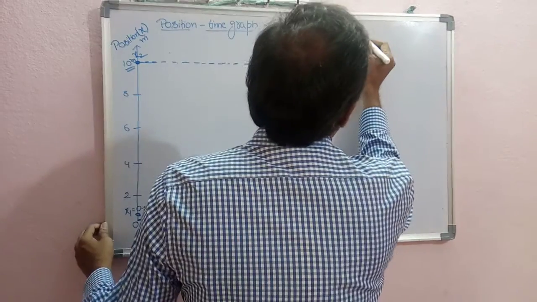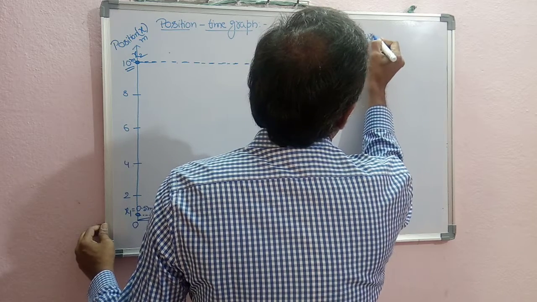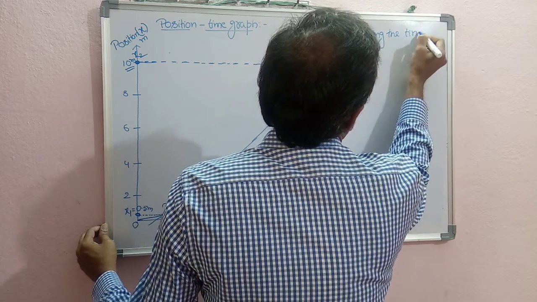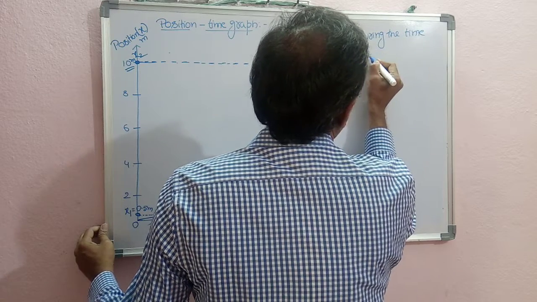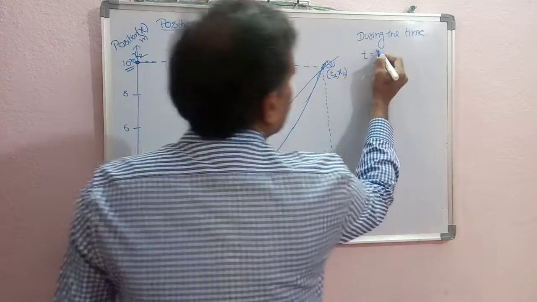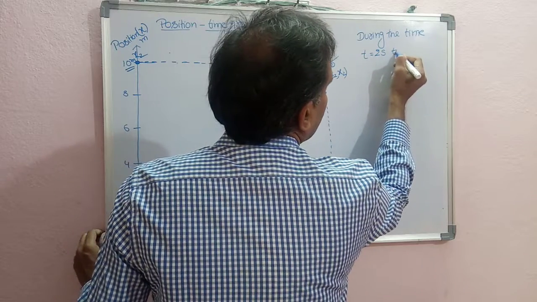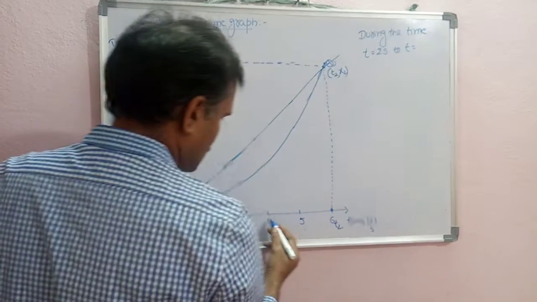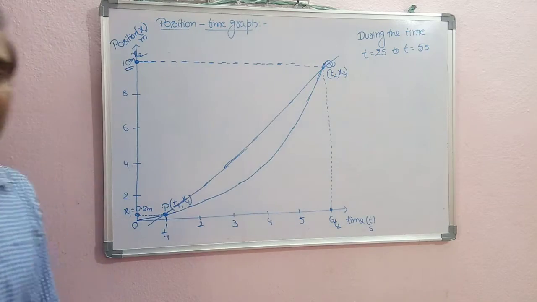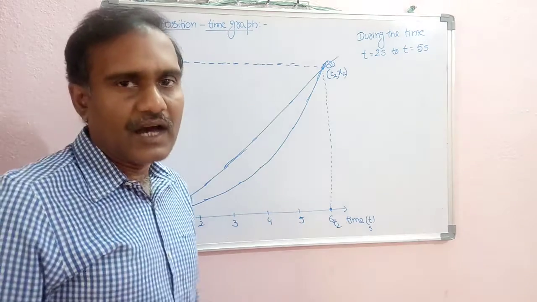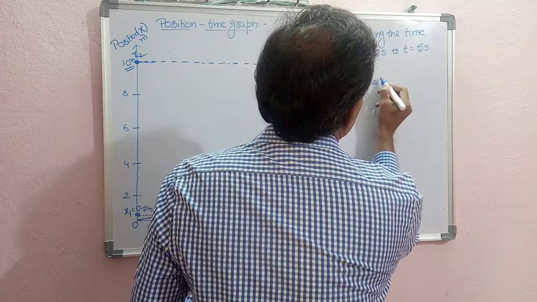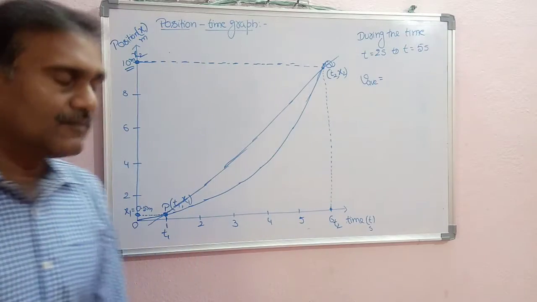Now, during the time interval t is equal to 2 seconds to t is equal to 5 seconds, we want to calculate average velocity or average speed.